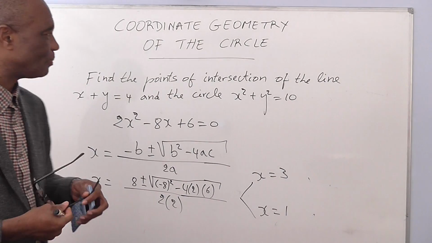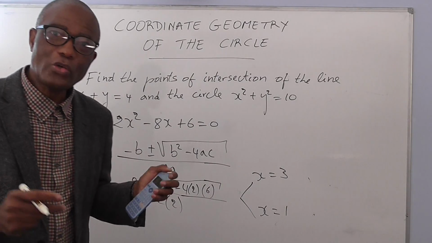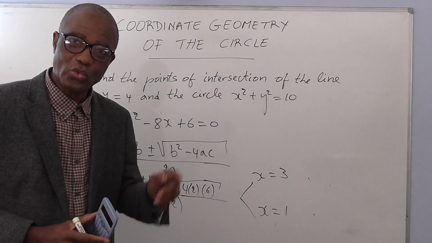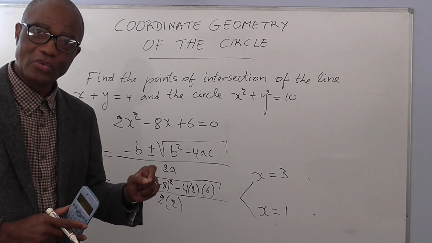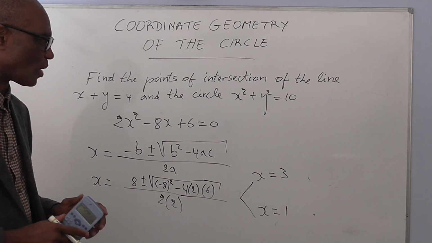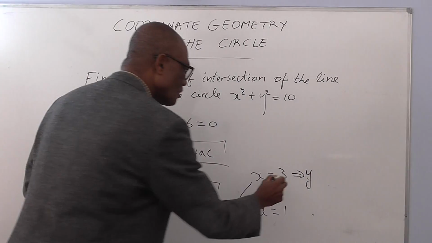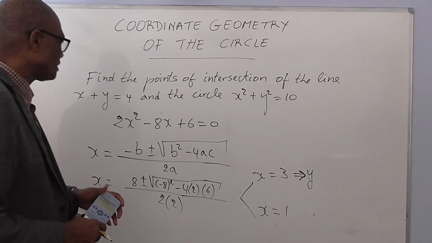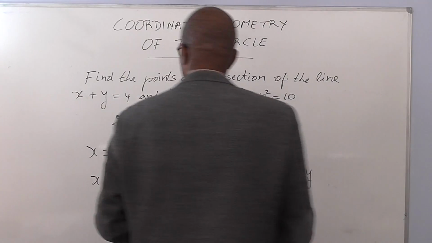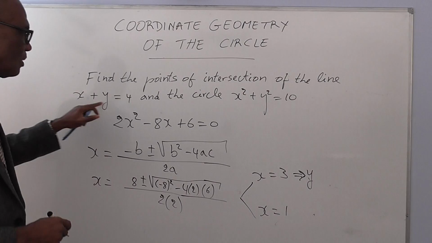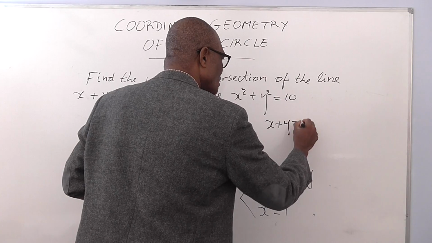But it's not finished. It's not finished because we got the values of x. We need also to get the corresponding values of y. So we take this equation, remember we had it like that, x plus y equals 4.